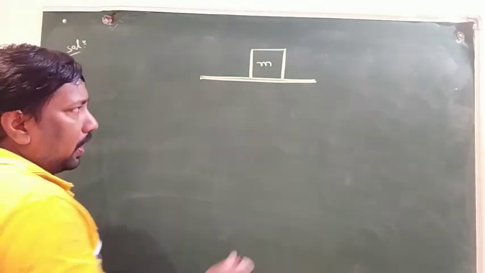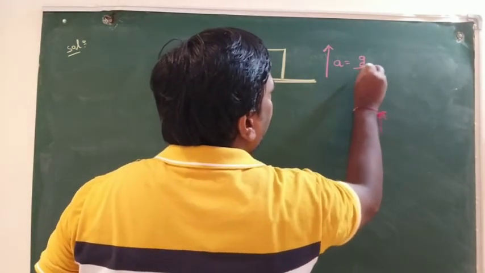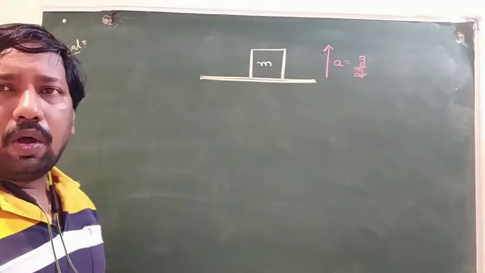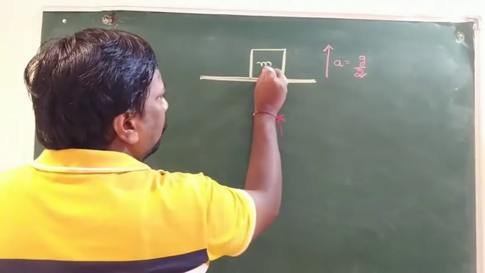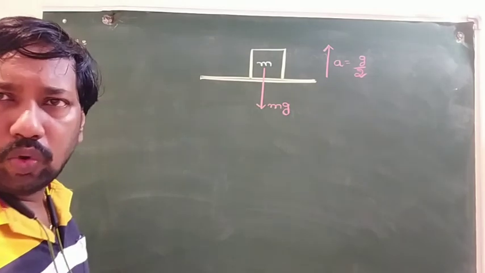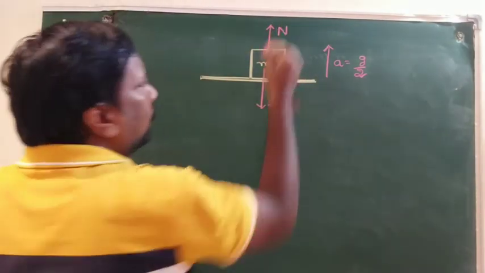Now the acceleration of the block in the upward direction equals g/2. Now two forces act on the block. One force is weight, in the vertically downward direction, and the normal reaction, in the vertically upward direction.